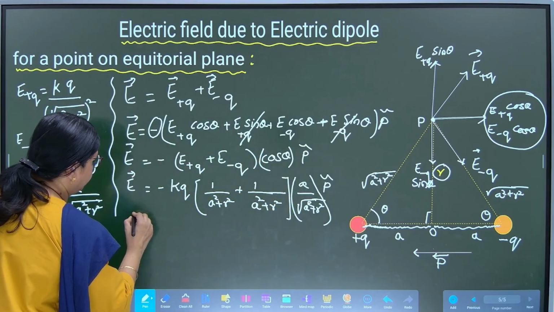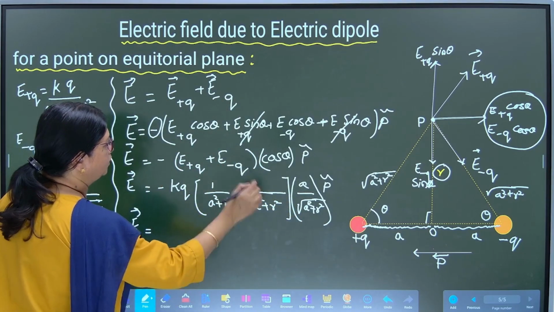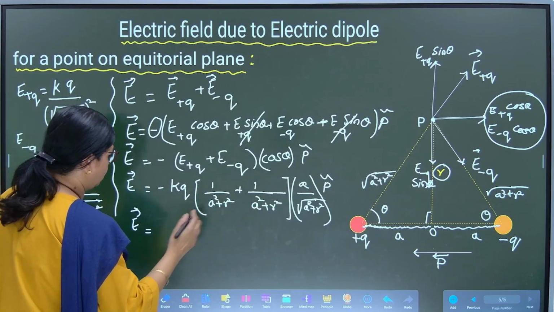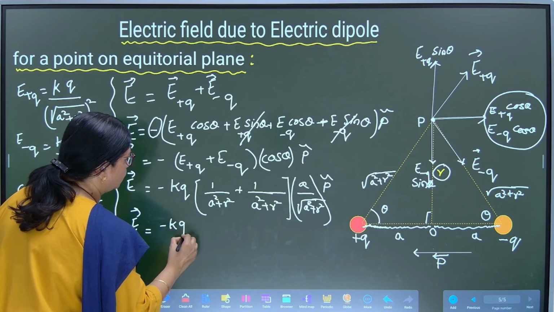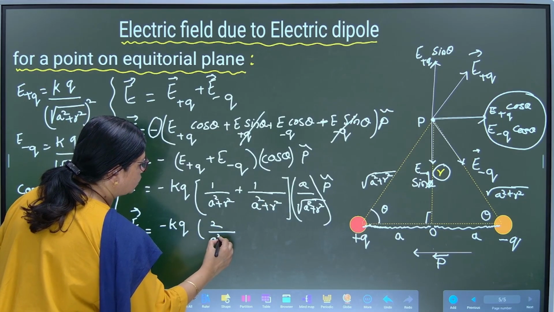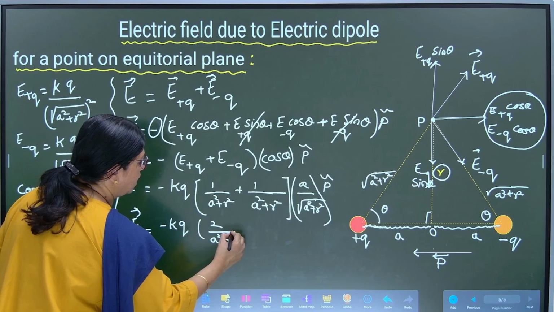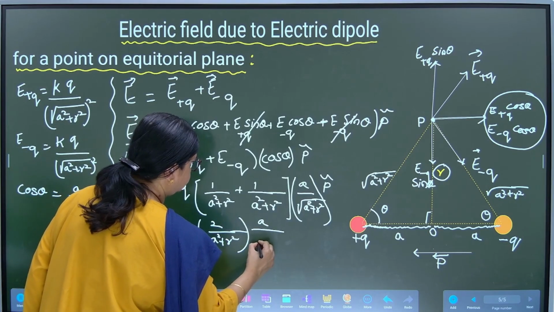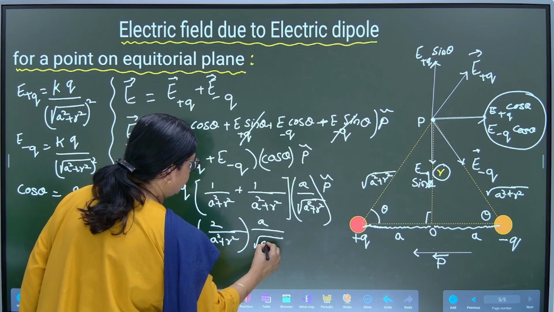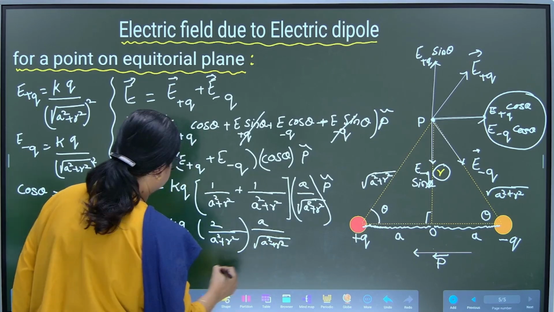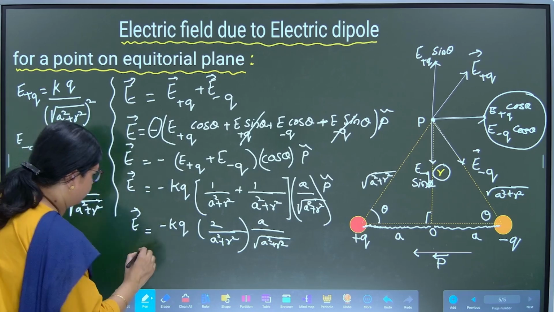Okay? So E is equal to, if I solve this, you can see I have both the same quantity, so I can write it as 2. So negative K Q, both are same. So I can write it as 2 times A square plus R square, multiplied by A under root A square plus R square. This much maths can be done, but I'm just solving each step so that there is no confusion here.